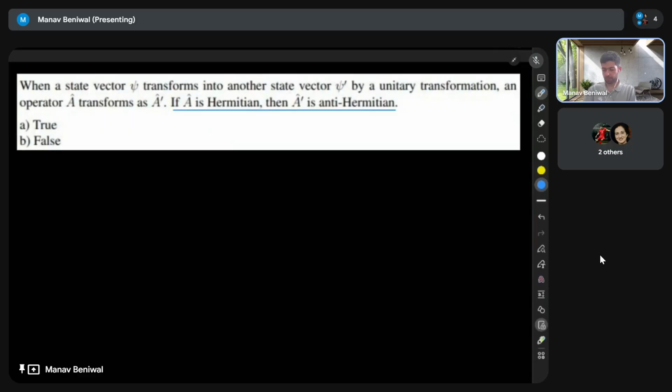Okay, so we already know what a unitary transformation is. Let's write what we are given. We are given that A is Hermitian, which means that A dagger is equal to A. And let us consider a unitary operator U such that U dagger U is equal to identity.